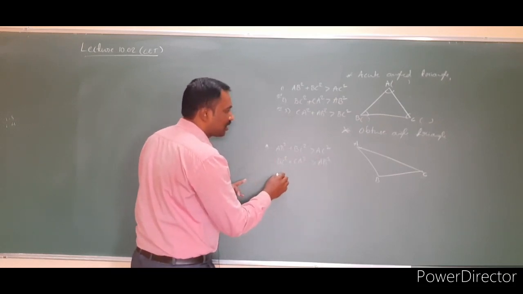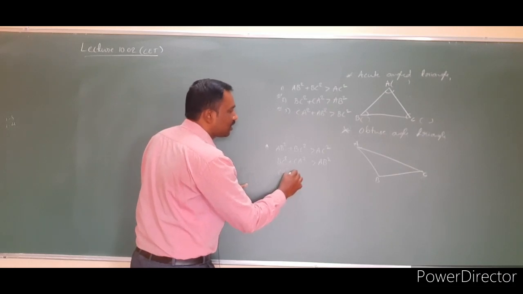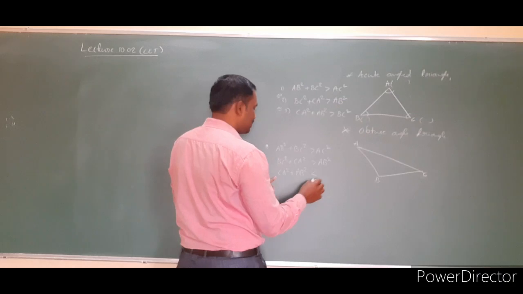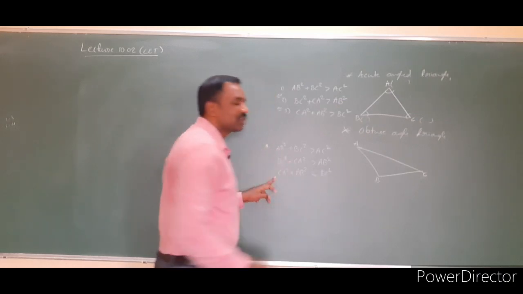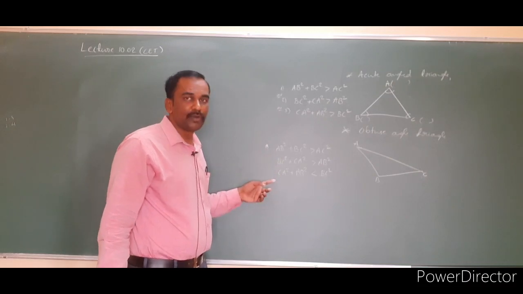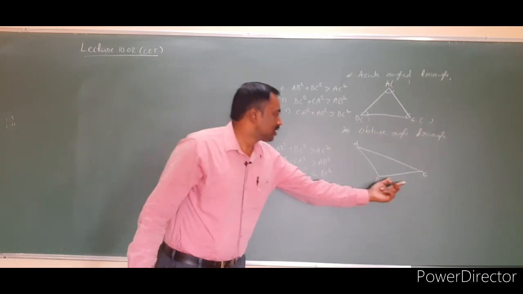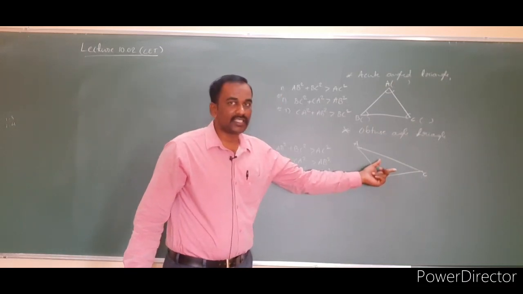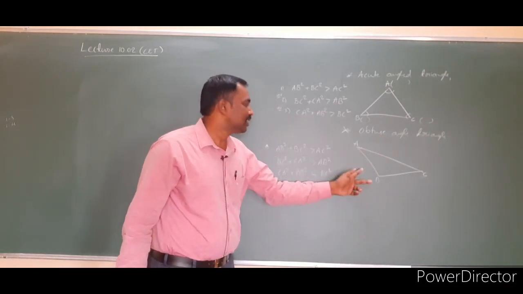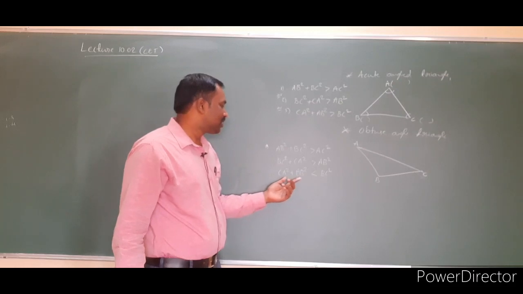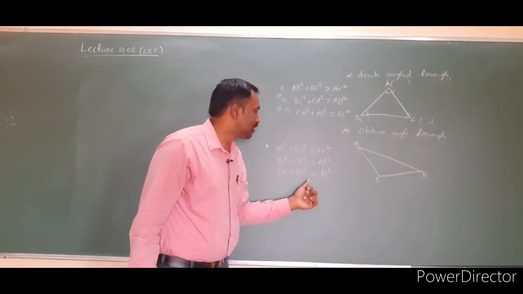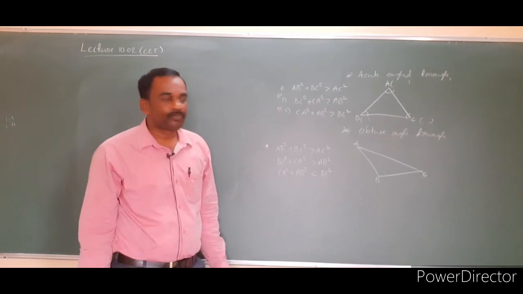Or else, CA square plus AB square is less than BC square. Are you following? AB square plus BC square is greater than AC square. Apart from that, BC square plus CA square is greater than AB square. Next, CA square plus AB square is less than BC square.